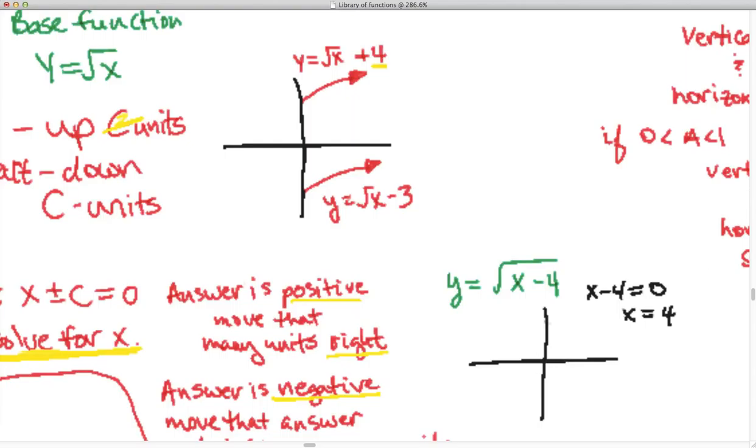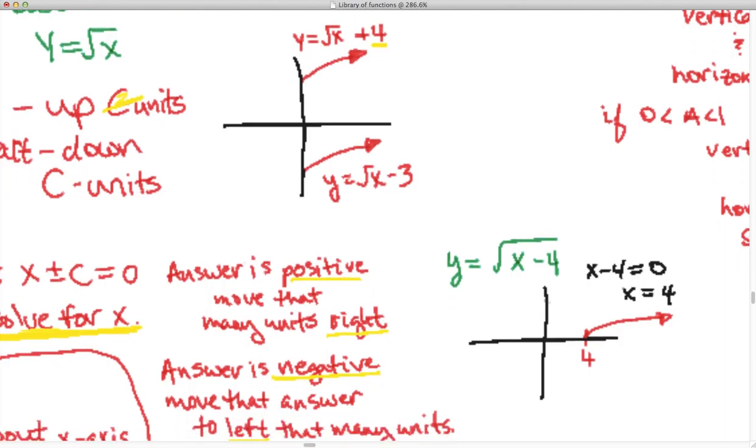So what that tells me is what once was 0 is now at 4. So I would graph starting at the x value of 4 and put my square root of x function there. Okay? Always set it equal to 0. I try to use fail-safe methods in solving these.